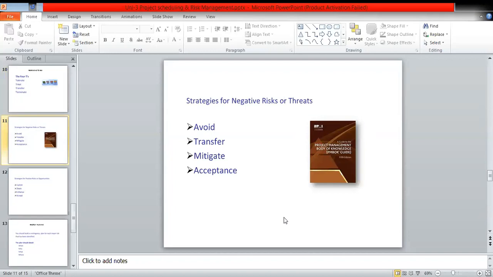Now, next are the strategies for negative risks or threats. Those strategies are avoid, transfer, mitigate and acceptance. Right? You can think about avoid.